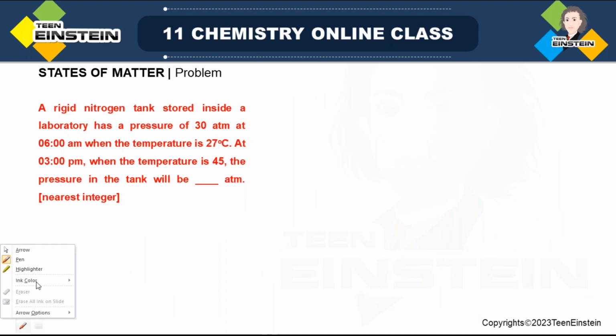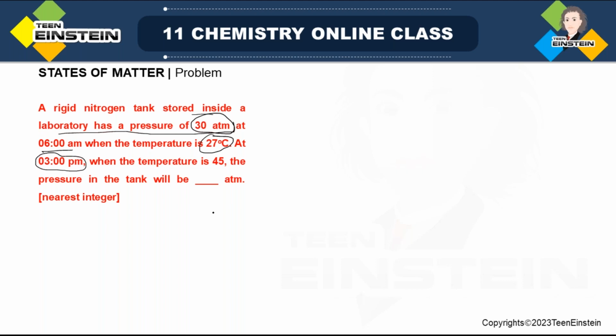We have a problem here. A rigid nitrogen tank stored inside a laboratory has a pressure of 30 atmosphere at 6 a.m. So it is morning time when the temperature is low, and when it is afternoon, the temperature is increased to 45 degrees centigrade.